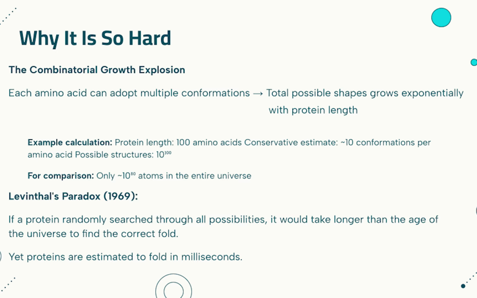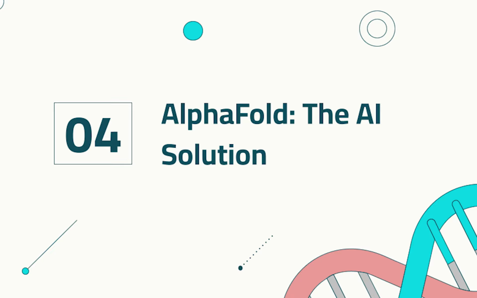This is called Levinthal's paradox, and it shows that proteins can't be predicted using random search. Brute forcing is clearly not the answer. We cannot guess, and we cannot iterate through millions of different possibilities because there is more than that. There must be a pattern that we can exploit computationally. That's where AlphaFold enters the scene.